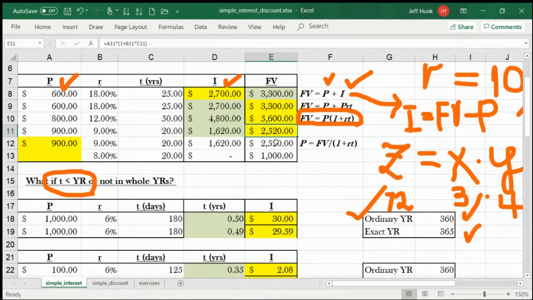So if you solve it backward, you should get exactly the same principal that you started with in the original problem.